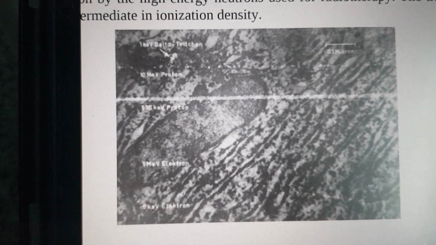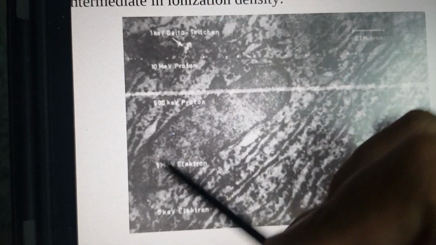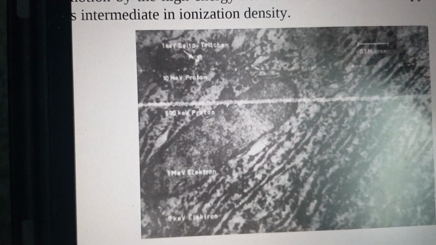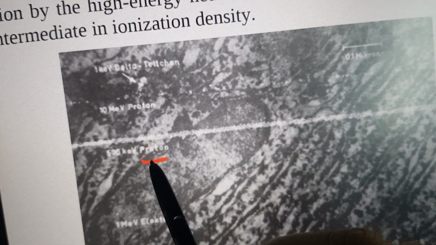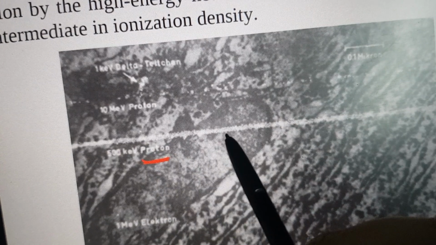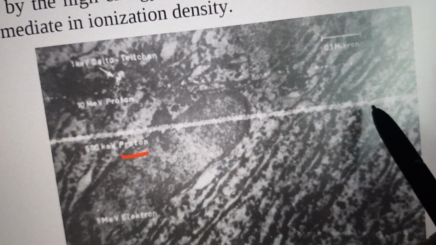Now this is the same information, but this is an electron micrograph where you can see some organelle. You can see this very dense white, which is the deposition for a proton, the dense energy deposited, seen through the electron microscope.